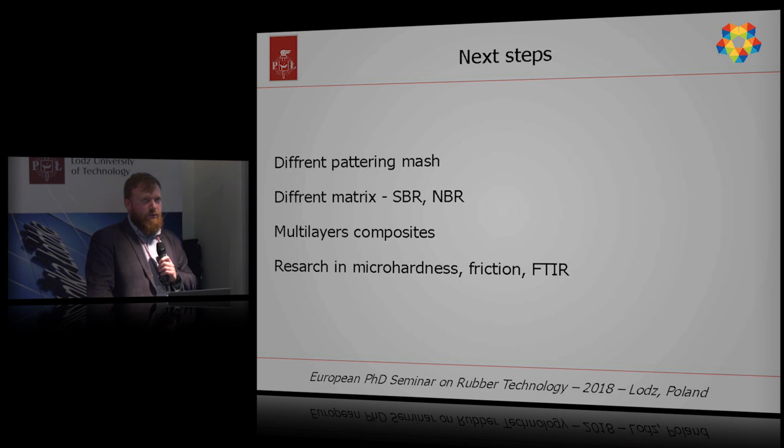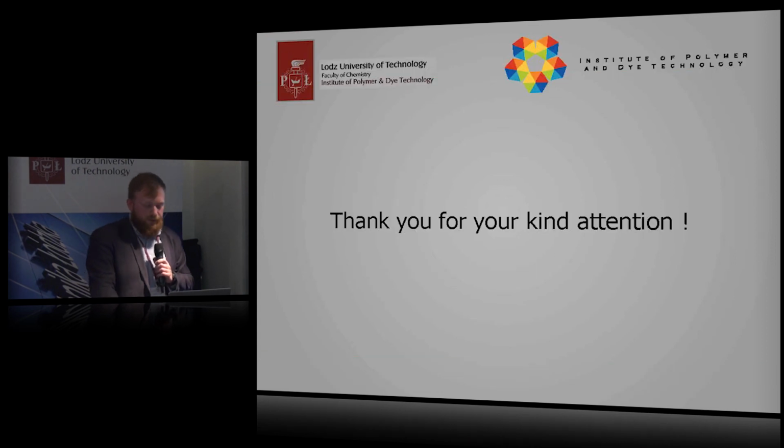Still, I'm thinking about multi-layer composites and multi-layer textures, and I think I will check properties of these samples with micro hardness, friction, and infrared spectroscopy. So, thank you for your attention.